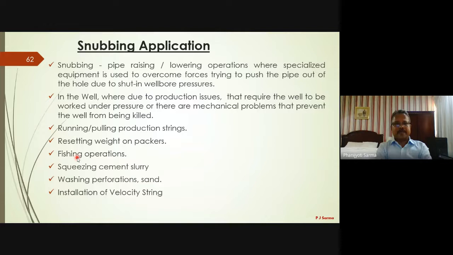The tubing size is bigger, maybe 4.5 inch or 3.5 inch. With the help of a snubbing unit, without killing the well, a velocity string can be installed, and then production can be revived. And obviously, well control operations. As you must have heard, in Baghjan the well control operation was carried out using the snubbing unit.